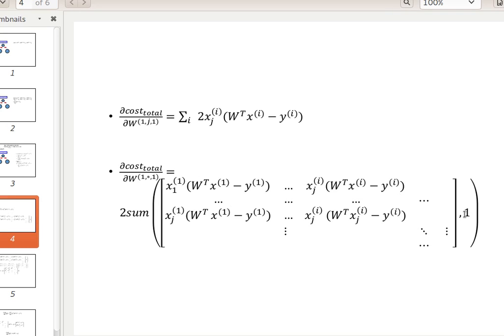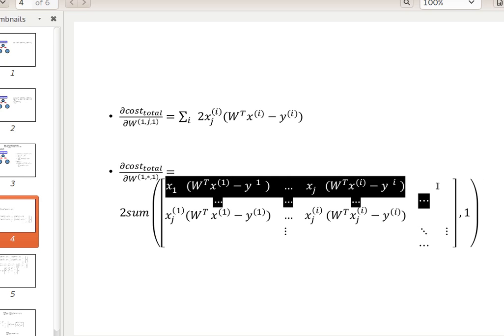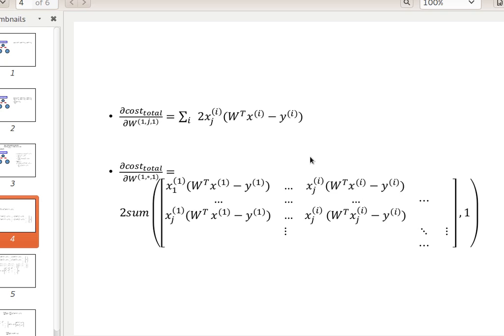I'm saying sum up along dimension 1, along the rows, in order to get the result. And indeed, if you sum up this thing, you would get the derivative of the total cost by dw1, so j equals 1 here. Okay, and here is the general case.